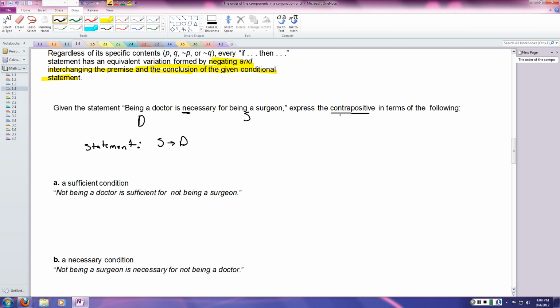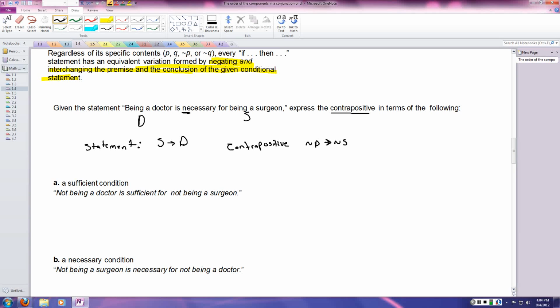So I want to express the contrapositive. The contrapositive would be not being a doctor implies not being a surgeon.